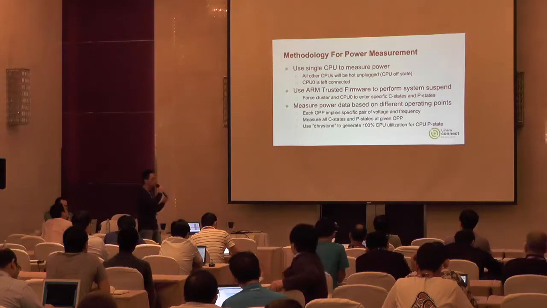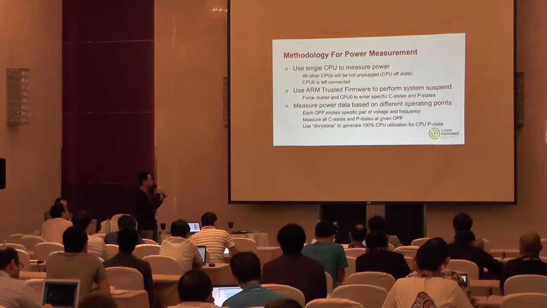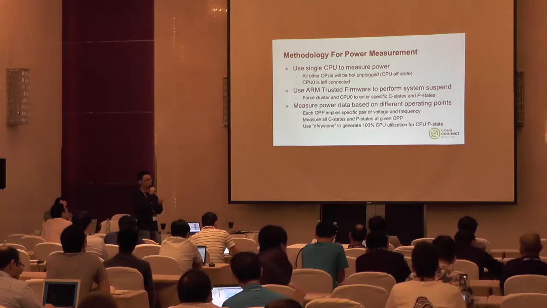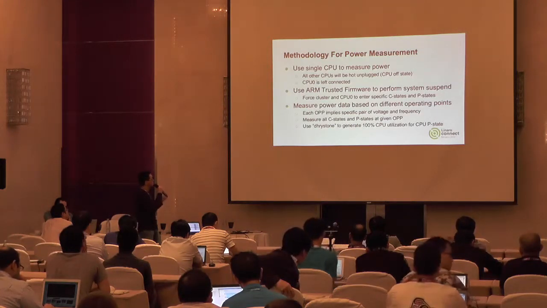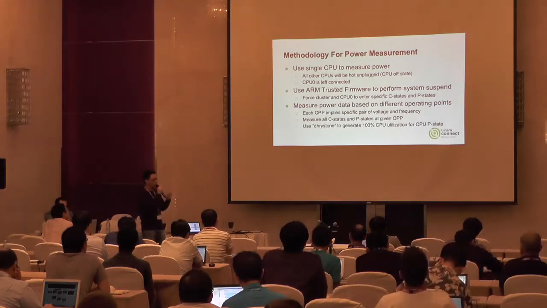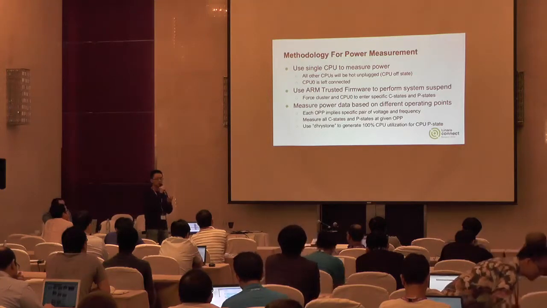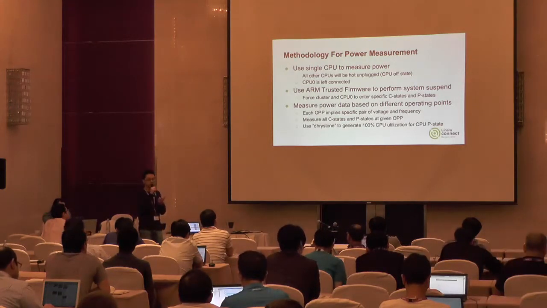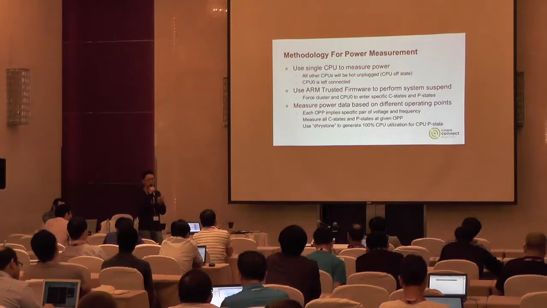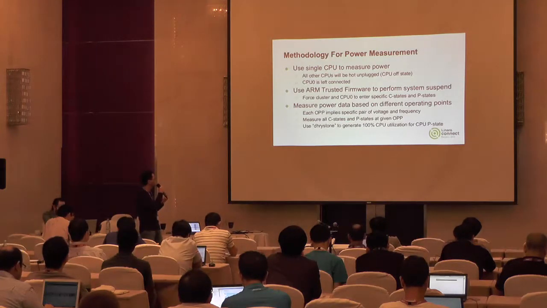We use the ARM Trusted Firmware to force the cluster and CPU 0 to enter a specific C state and P state. In the next page we will present how we first hot plug off all the other CPUs, and only use CPU 0 to measure the data.